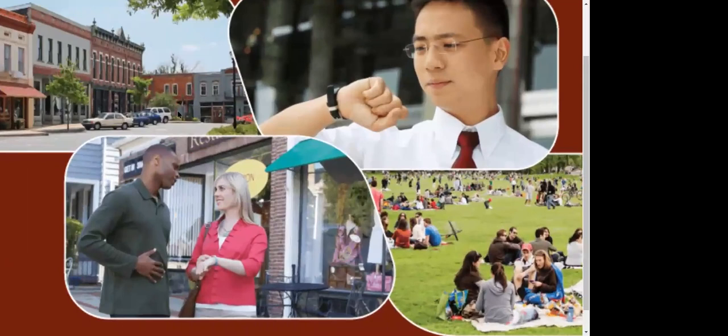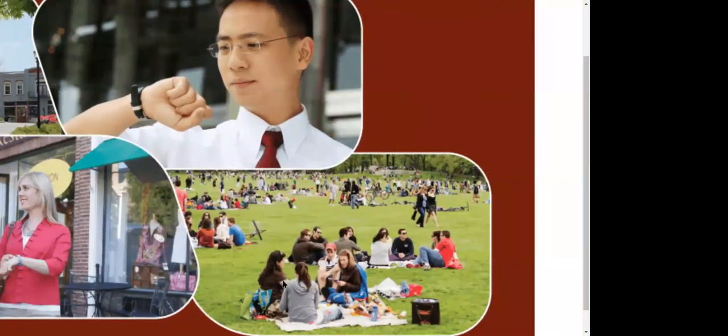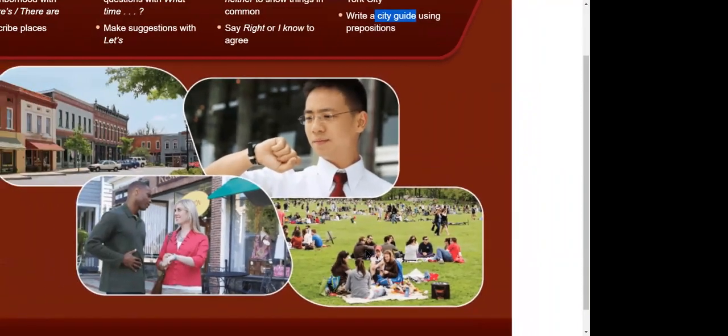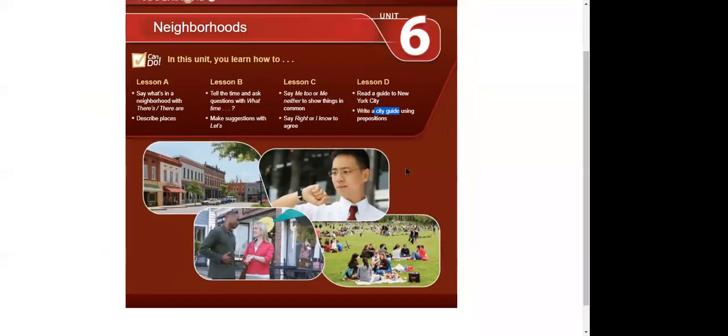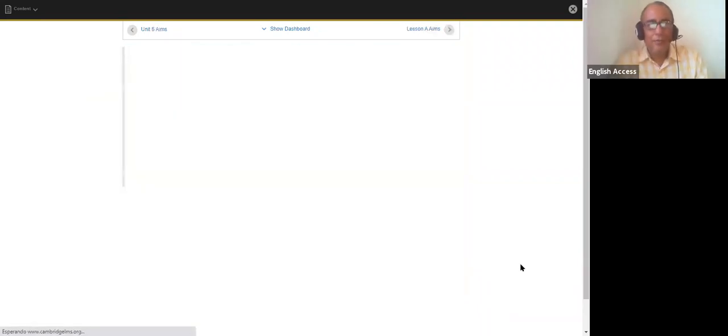Restaurant. Okay. What can you see here in this area? Neighbor. A neighbor building. What is this place? Maybe park. Like the Papagayo Park, exactly. Yes, yes. Let's go to the part that says before you begin.